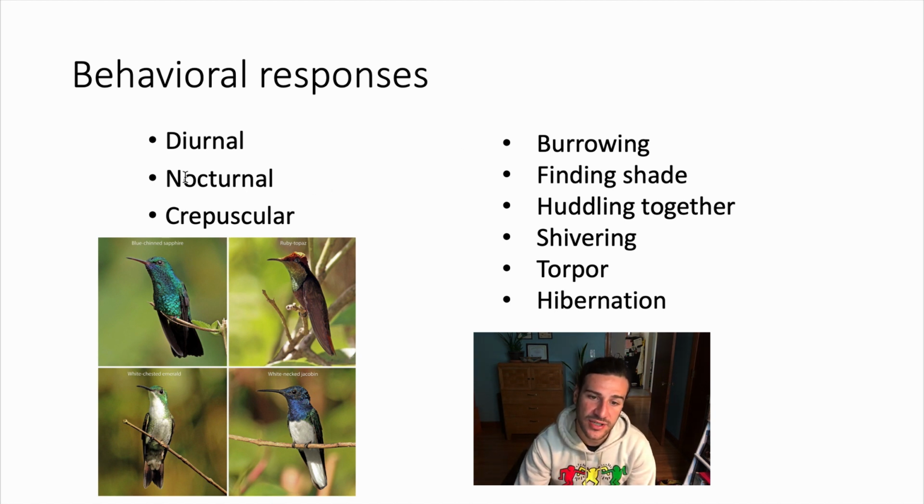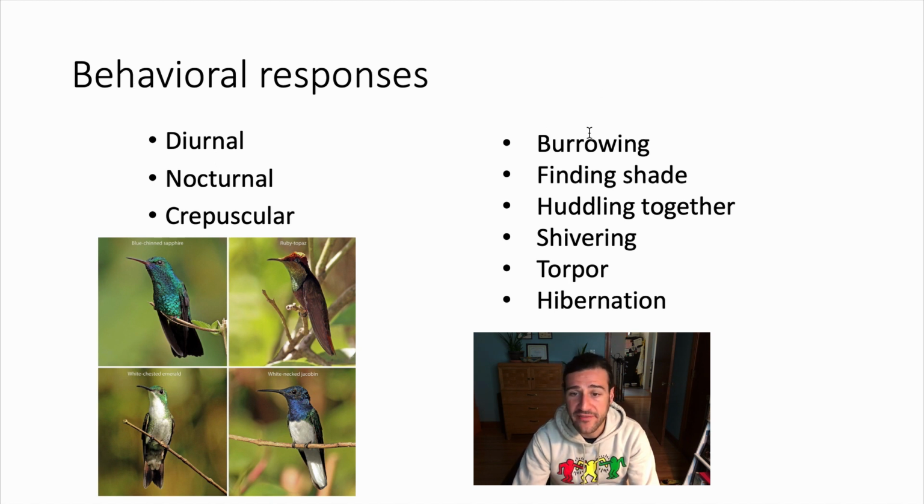And those are nocturnal organisms, right? There are also diurnal organisms, active during the day, nocturnal, active at night, and crepuscular, active at dawn and/or dusk, right? So these are just lifestyles of activity.